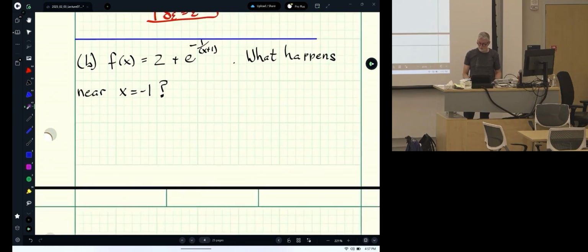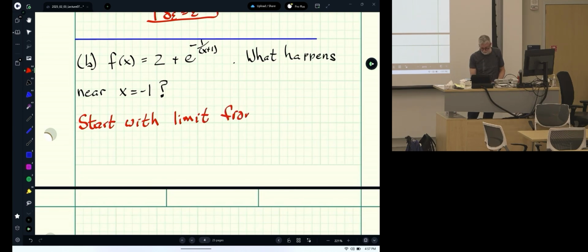So let's first do the limit from the right, but if you want, we could start with the left, but we'll just start with the right. So we're looking at x goes to minus 1 through values that are strictly greater than minus 1, okay?